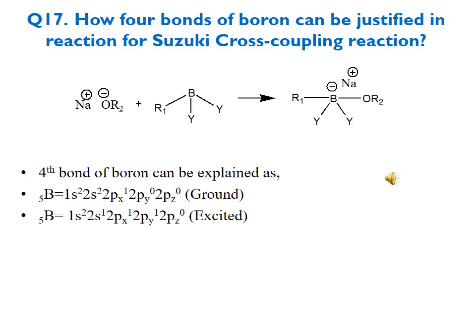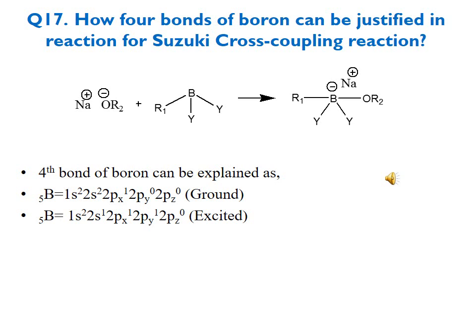In case of the Suzuki cross coupling reaction, we know boron normally forms 3 bonds, that is okay, but here you can see in this reaction boron is forming 4 bonds with a negative charge on boron. So the question is, how can 4 bonds of boron be justified? Here you can see the electronic configuration of boron shown in the ground state.